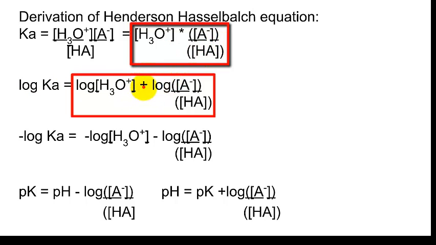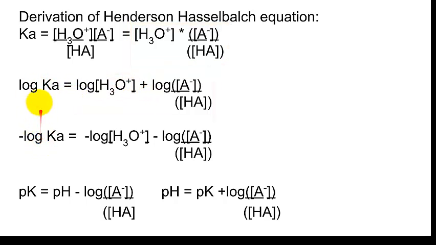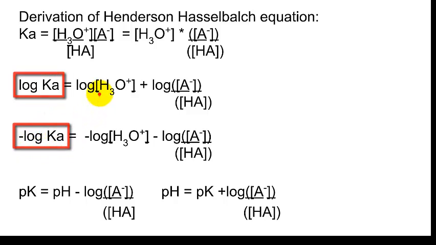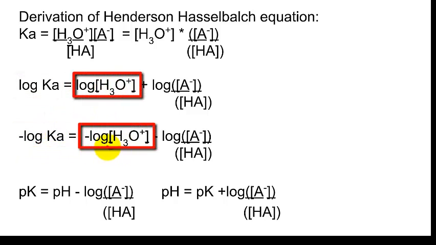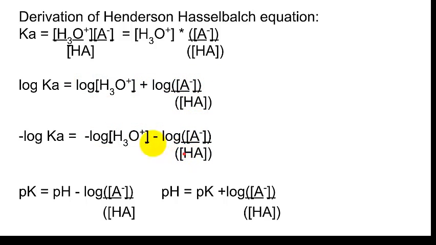So that's why this is a plus now. It's just the way logs work. Then let's take the negative of both sides. So log of Ka becomes negative log of Ka. Log of H3O+ becomes negative log of H3O+. And instead of a plus sign for the log of the ratio, we now have a minus sign for the log of the ratio. So all I did was just negativize the whole equation, if you will.